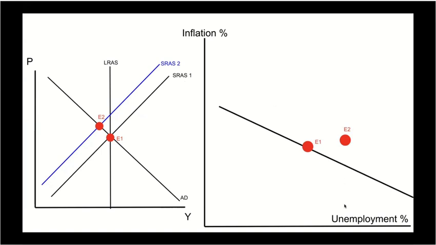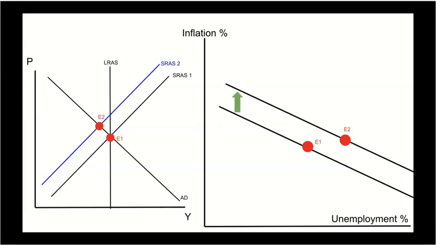So here in the Phillips curve, we see that the point is to the right of E1 because you have more unemployment, and it's also above it because we have a higher price. And because it's no longer on this curve anymore, it's going to shift the Phillips curve upward.